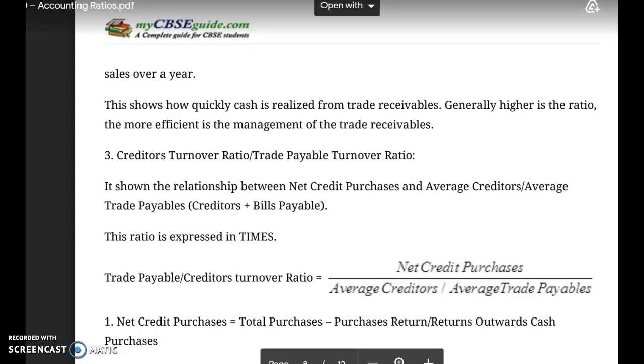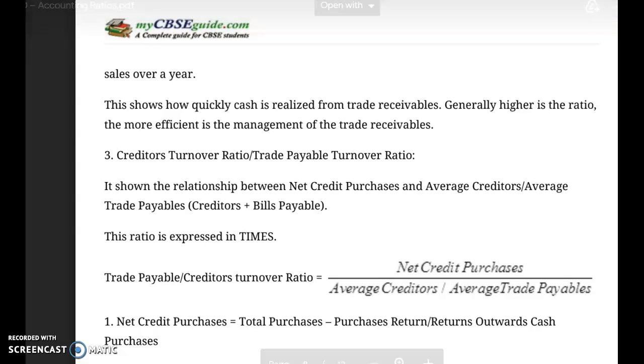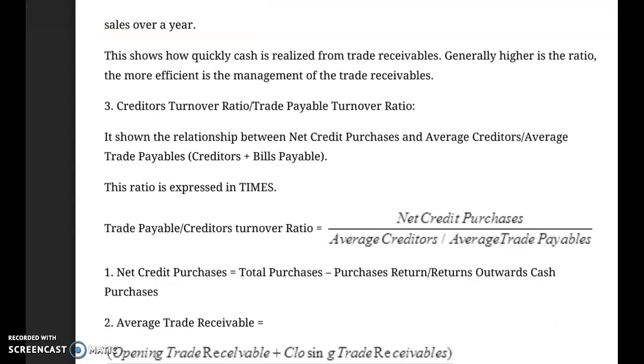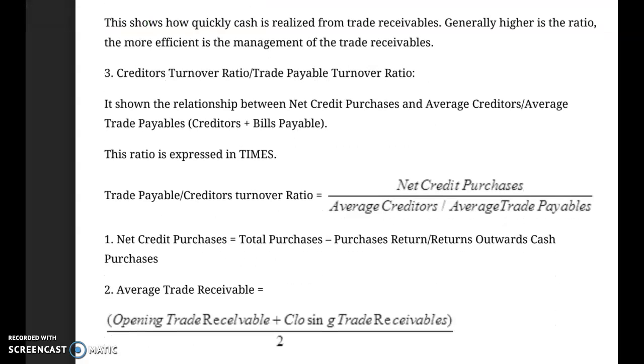The next ratio to calculate is the creditors turnover ratio or trade payable turnover ratio. Dear students, as you know, the creditors are the result of the net credit purchases. So the formula to calculate this ratio is very simple: net credit purchases divided by the average creditors or average trade payables.